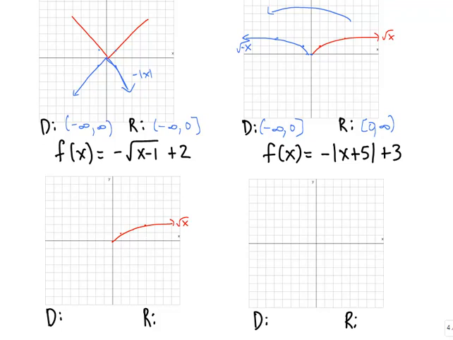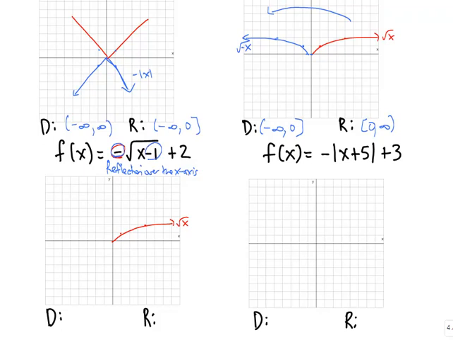So let's see what different movements we're going to make. The minus sign on the outside is going to be a reflection over the x-axis because it's on the outside of our function.